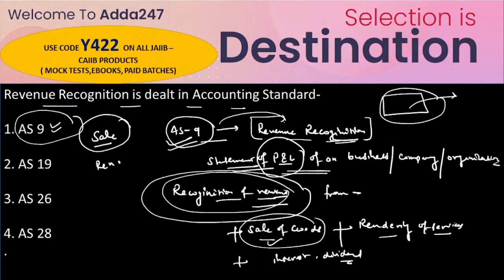Suppose a company renders any type of services, then from that also revenue is incurred for the company. And also the use by others of the enterprise resources, like yielding interest and dividend. Those are all examples of the ordinary activities of any business or company for the recognition of revenue.